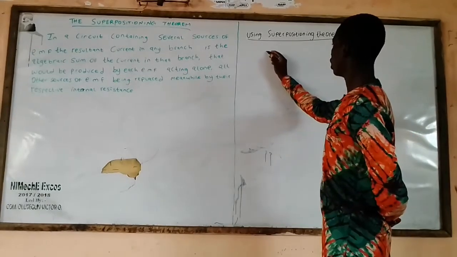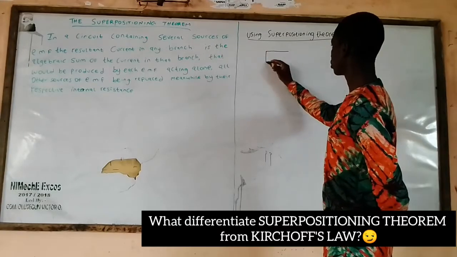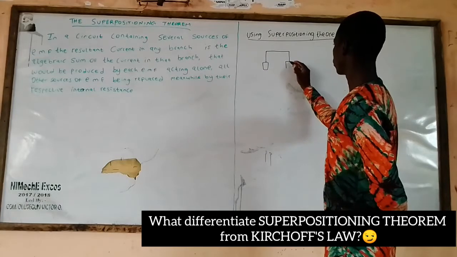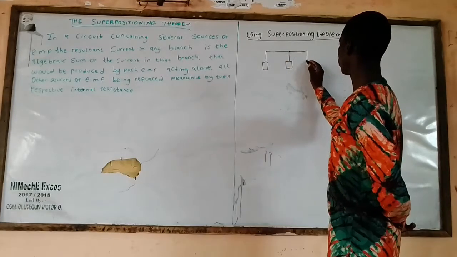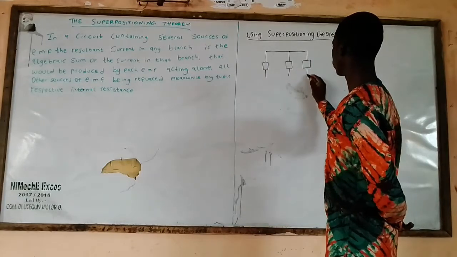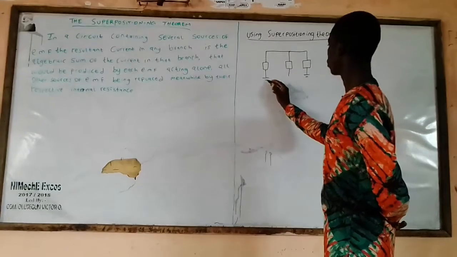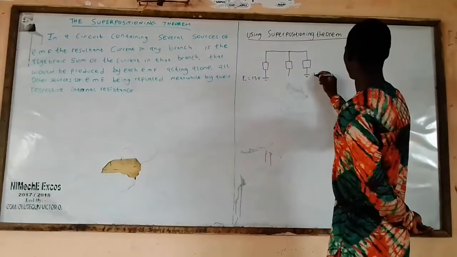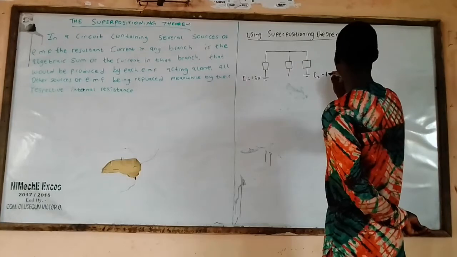Assuming we have a circuit like this. Let's say E1 equals 15 volts, E2 equals 10 volts.